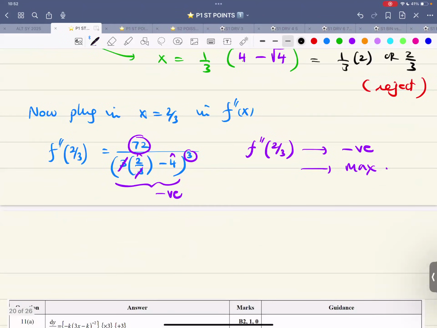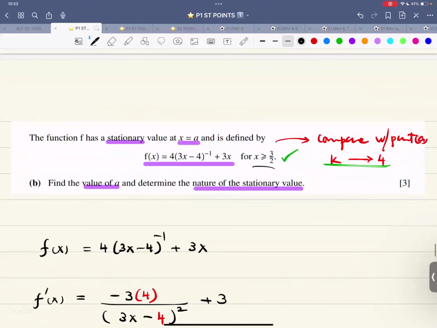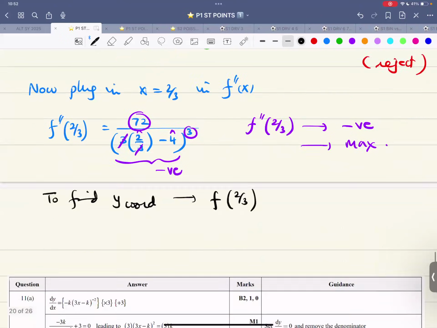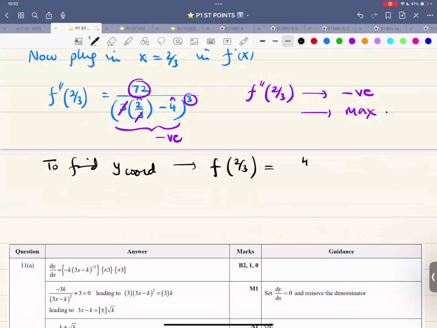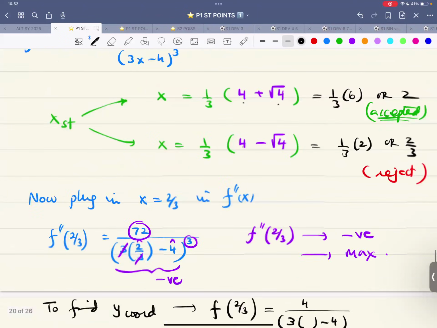And how do we find the y coordinate? To find the y coordinate of the stationary point, evaluate f of 2/3. What is f of x? f of x is 4 (3x minus 4) raised to the power of negative 1, plus 3x.